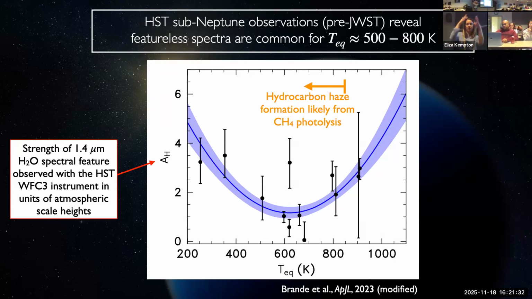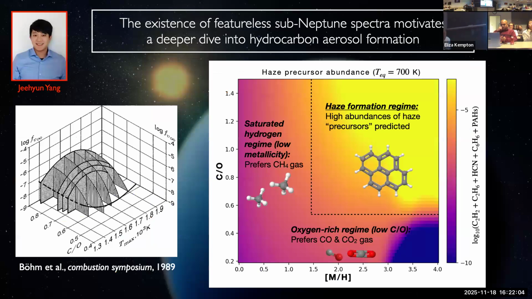They tend to polymerize, and you make hydrocarbon gunk, like in Titan's atmosphere. Methane is not going to be the preferred form of carbon in atmospheres above a temperature of about 850 Kelvin. You'll get carbon monoxide instead of methane. But at lower temperatures, you get methane. You have UV from the star, so you photolyze the methane and you build up these hydrocarbon hazes. That's the hand-wavy theory picture of what could be going on here. So we want to test that.